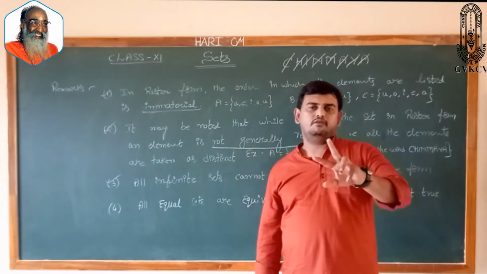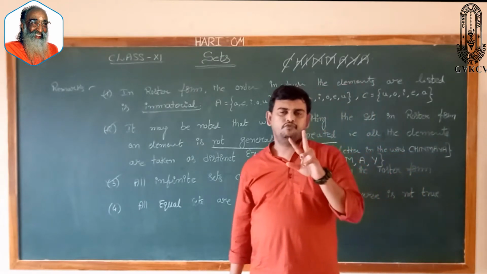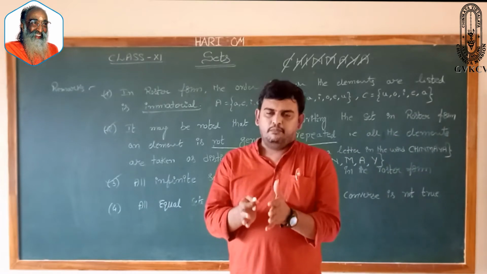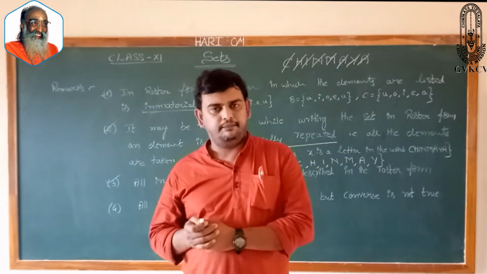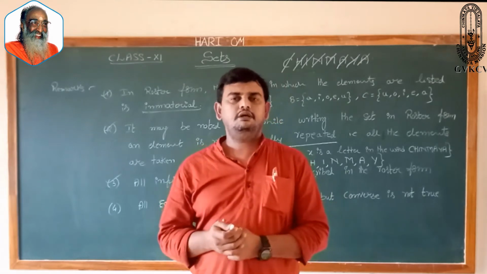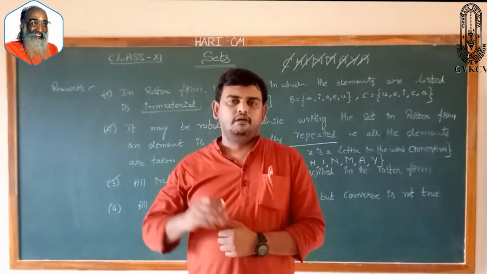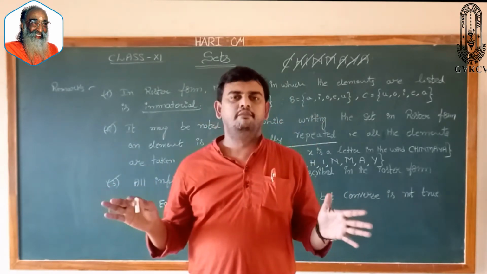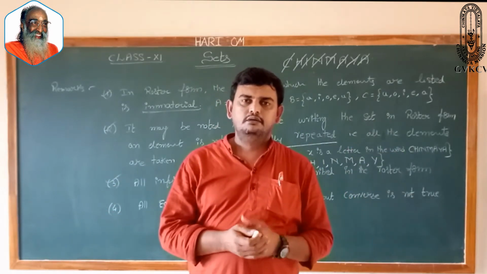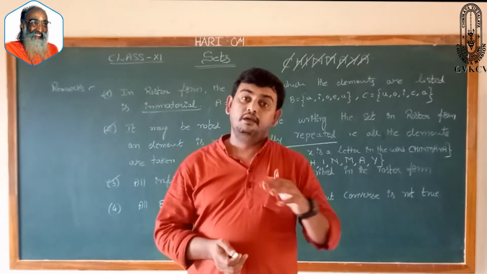I told you equal sets should follow 2 conditions. Condition number 1, the number of elements should be the same. Condition number 2, the elements must also be the same. The number of elements and the elements both must be the same. Then those sets are called equal sets.